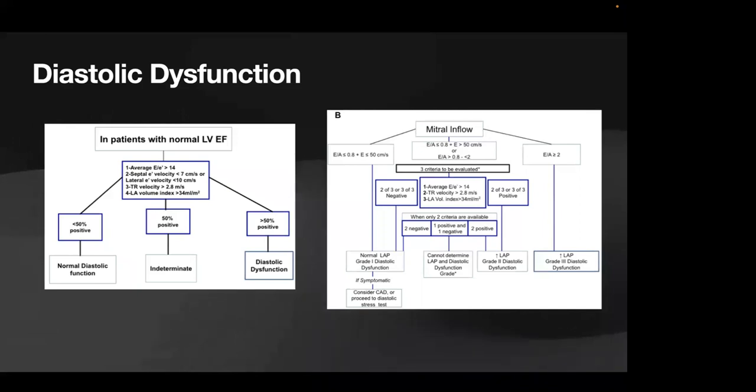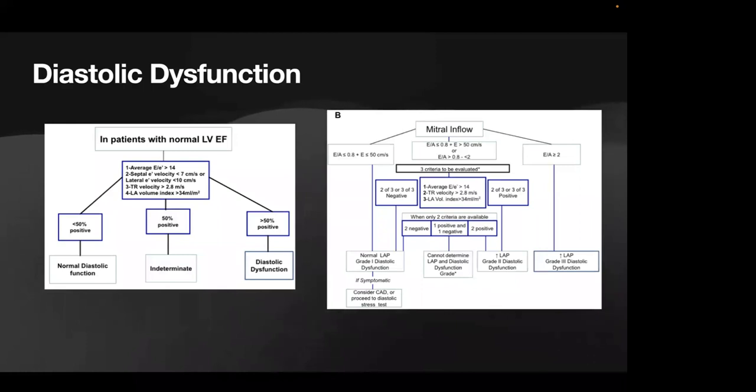And I think there are some people who believe that if the E over E prime is greater than 14 and you have LVH, your diastolic function is probably not normal, regardless of what the TR velocity and the LA index are. If you look at the right panel, all of these patients have an abnormal heart. They all have diastolic dysfunction. We're just trying to predict what their left atrial pressure is.